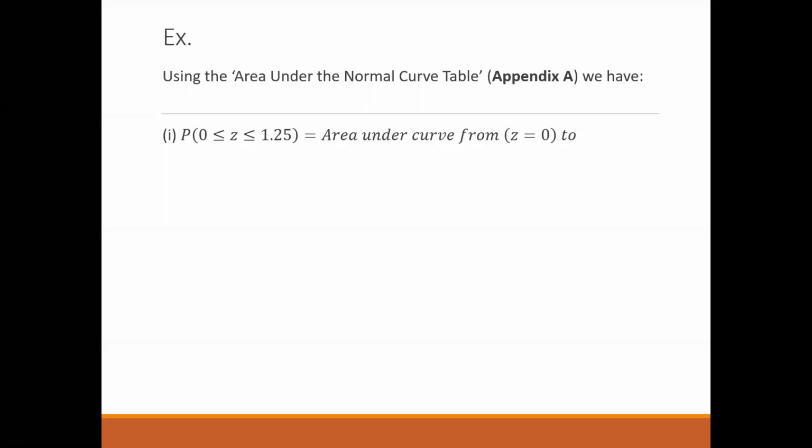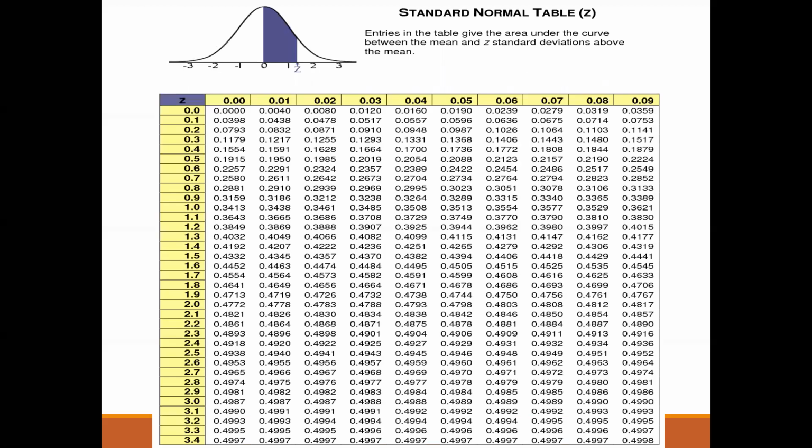Now, to find the probability of any point lying between 0 and 1.25, if I refer to the table, 1.25 will come here, and that is this value, 0.3944.